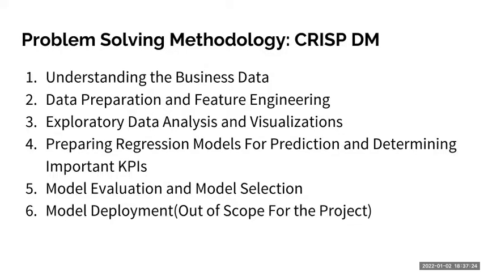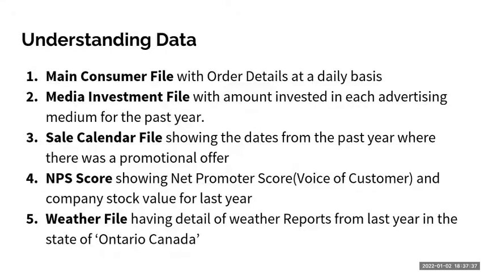We understand the business data, prepare the data, do some feature engineering, EDA and visualizations, then build models, evaluate the model, and finally deploy the model. Those are the basic standard steps. Let's run quickly. We'll spend more time on the model evaluation and the KPIs, which is more of interest.